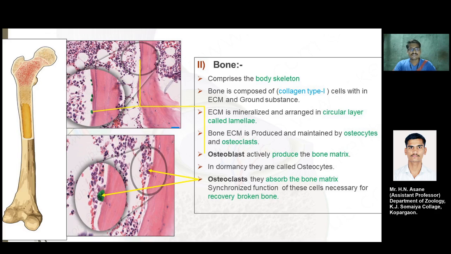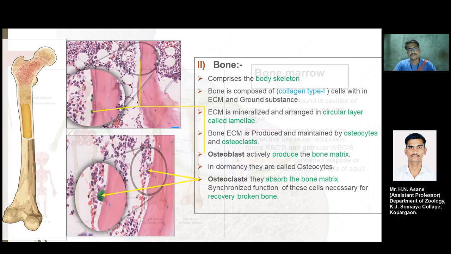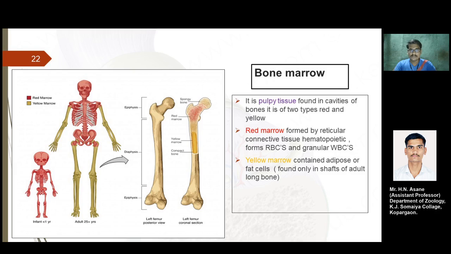As we can see, this is the femur, and this is the yellow bone marrow. The bone marrow is a pulpy tissue found in the cavities of a bone. It is of two types, the red bone marrow as well as the yellow bone marrow.